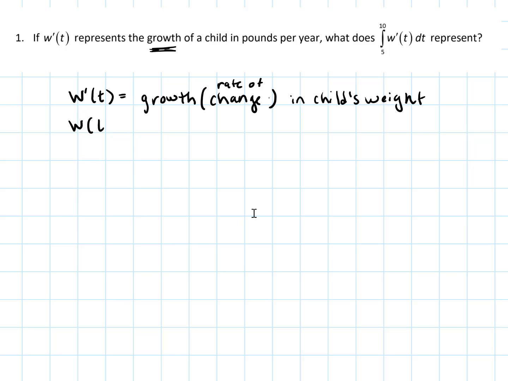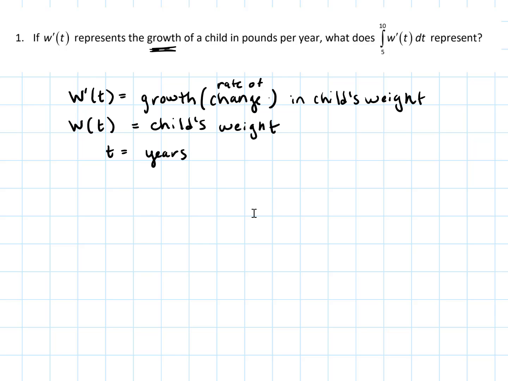Then w of t, the antiderivative, would just be the actual child's weight, with t in years. So just the context of the problem, given the derivative representing this rate of change, this growth. When we talk about growth, decay, those are things that are rates of change.